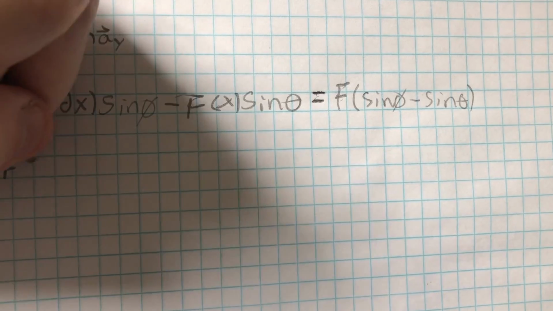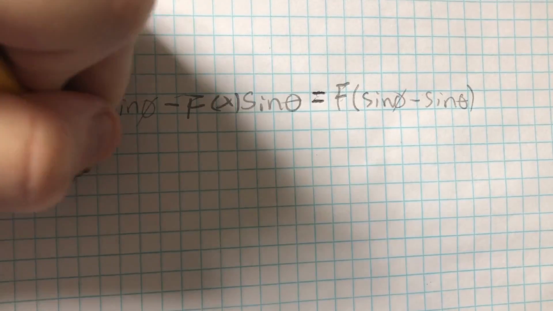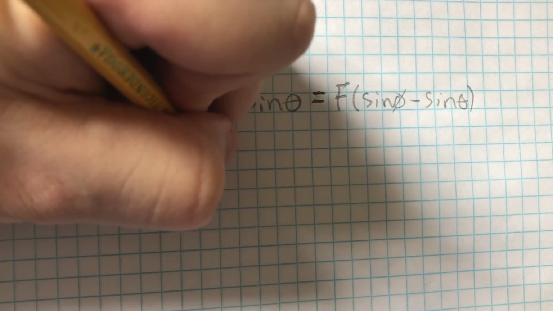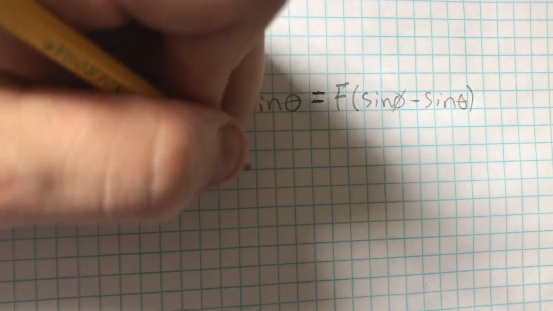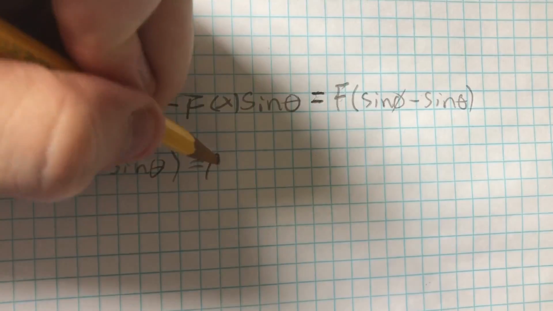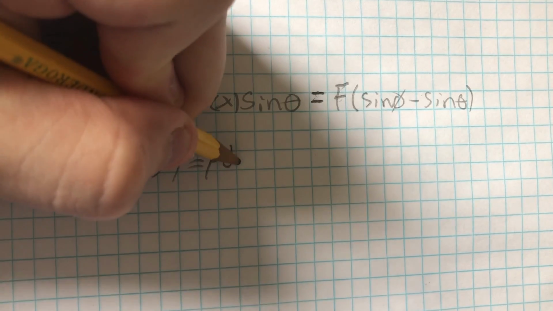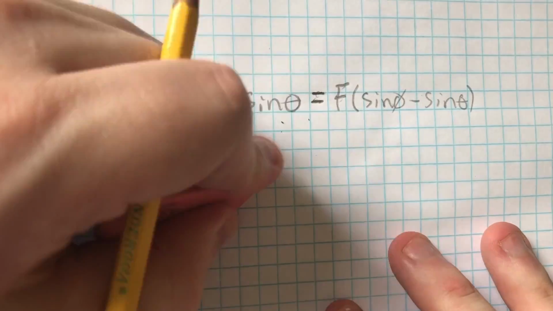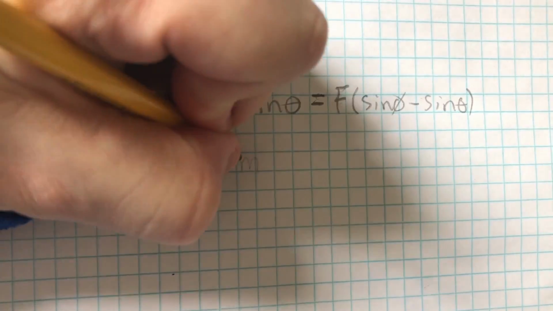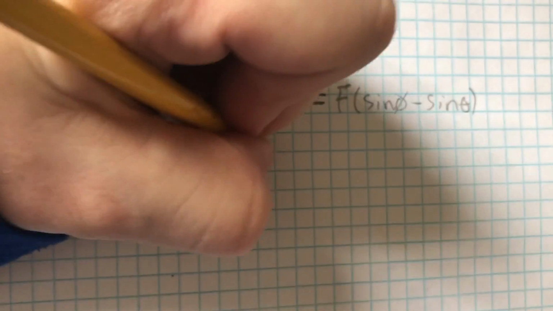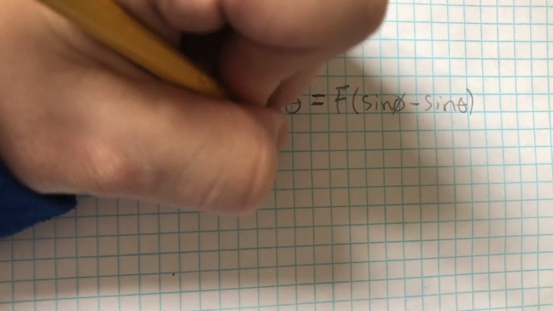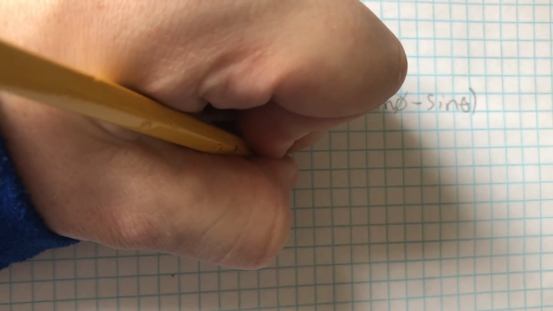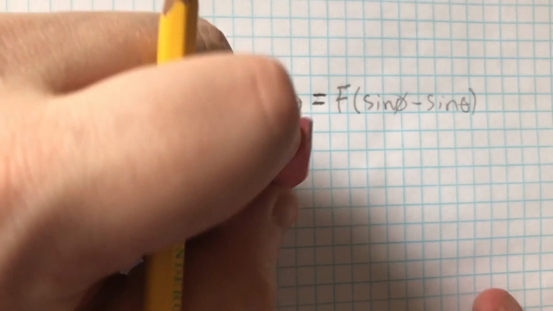So now we have, instead of writing m, we're going to write rho, the density, times dm, or dx, sorry, a little distance, times the partial squared of y over partial t squared.